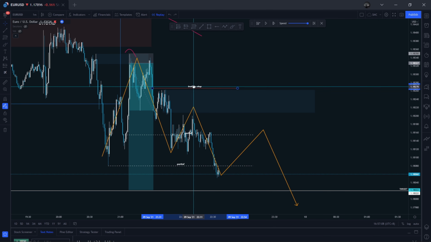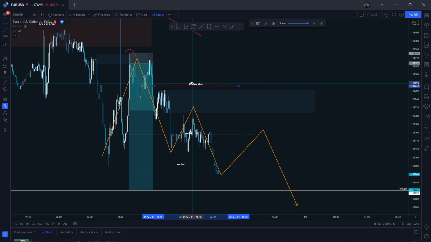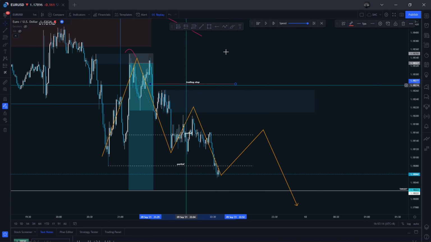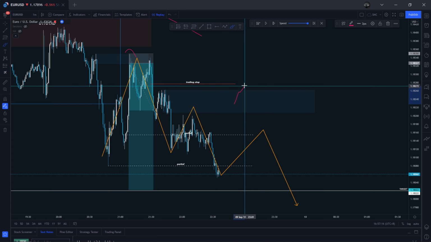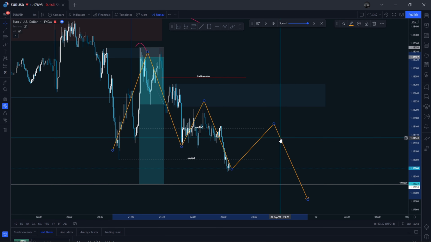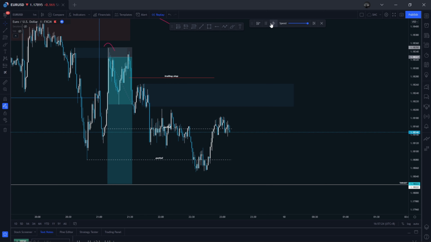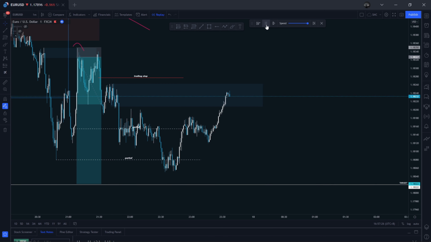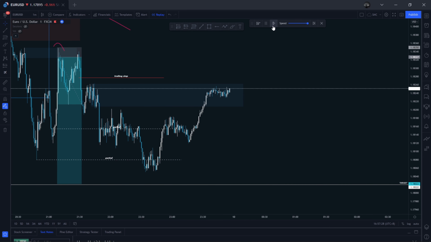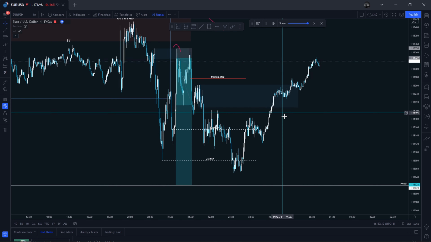That's why I don't put my trailing stop exactly at the high, but I move it a little bit higher than that because price could technically do a liquidity grab and go lower. So that's what price exactly did, but it did hit my stop loss because it had other plans. You'll see, continue, and it did hit my stop loss right there, my trailing stop.